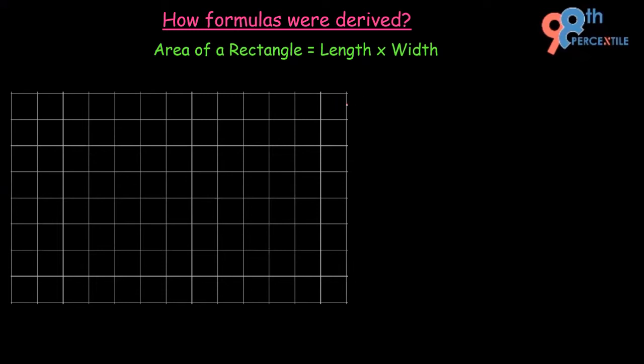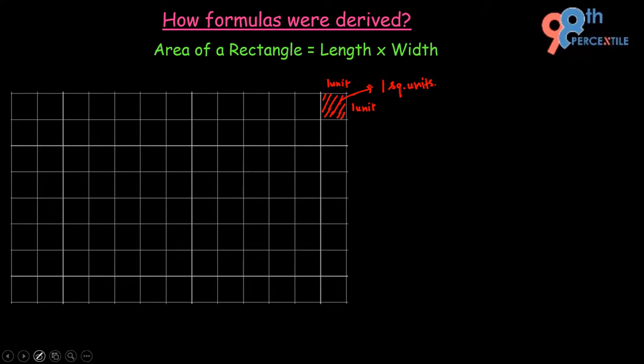Let's suppose this square has its side of 1 unit. So this means that its area is 1 square unit. Okay, so this means that each square in this grid has an area of 1 square unit.